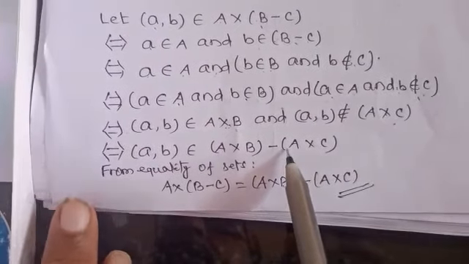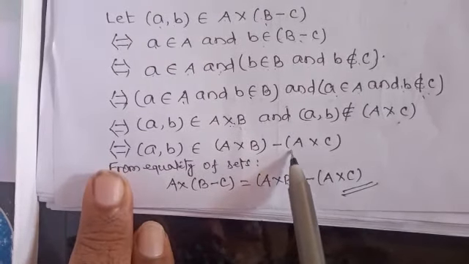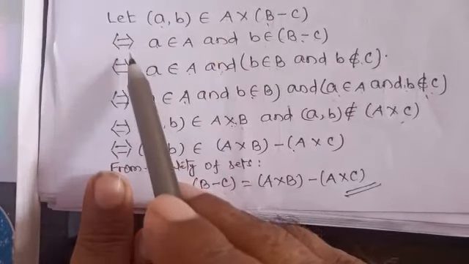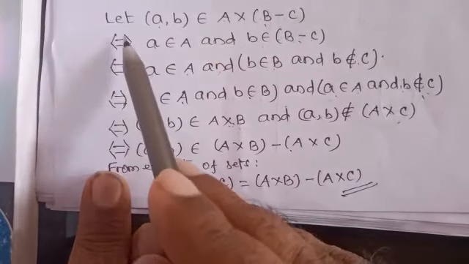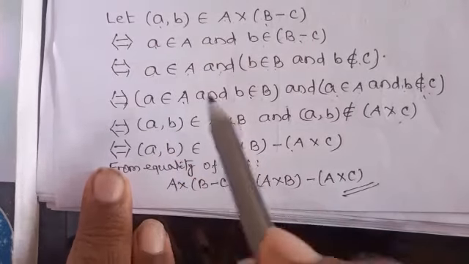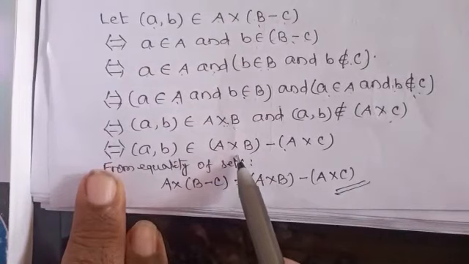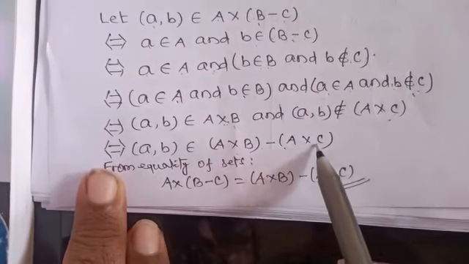So from the definition of subsets, see here all steps have been implied, means A cross (B minus C) is a subset of (A cross B) minus (A cross C).